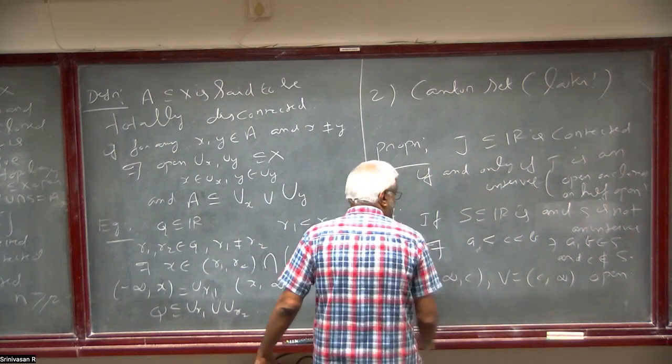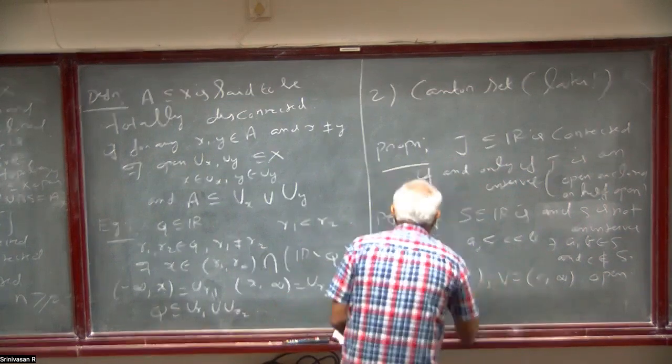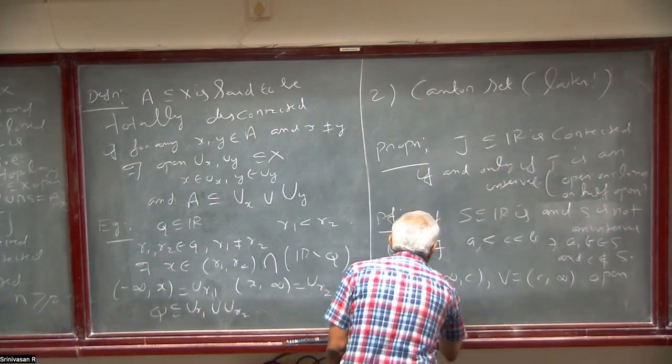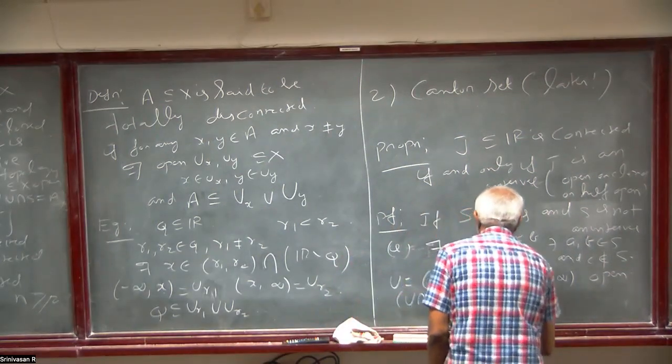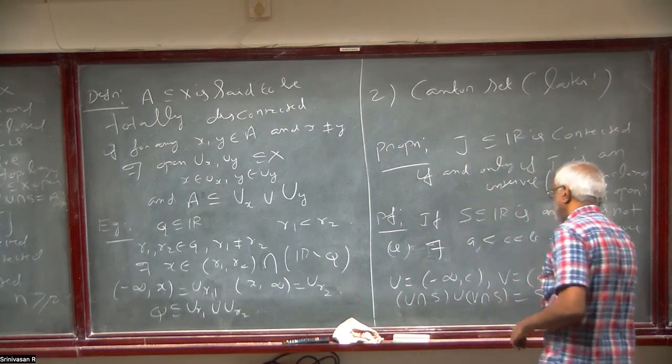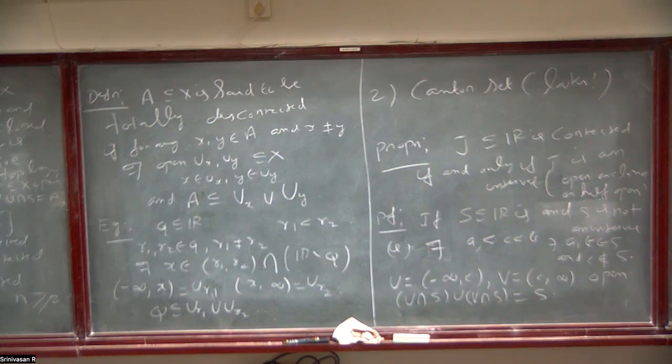Of course, U intersection S union V intersection S equals S, because C is not in S, and they are open in the relative topology, so it's clear.